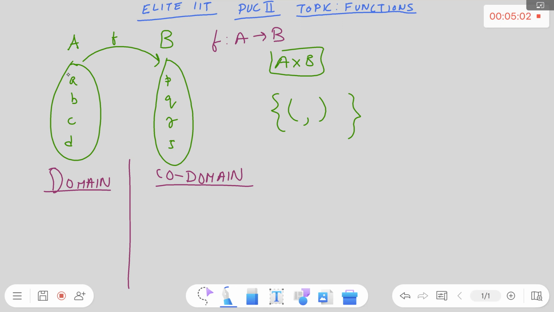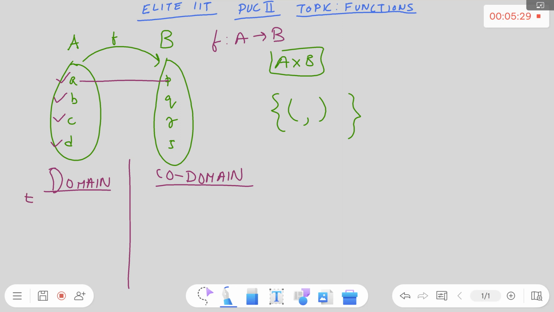First property: each and every element of set A must be associated with only one element from B. That is, you cannot have something looking like this. You can only have something looking like this. You cannot leave out any element from the domain.